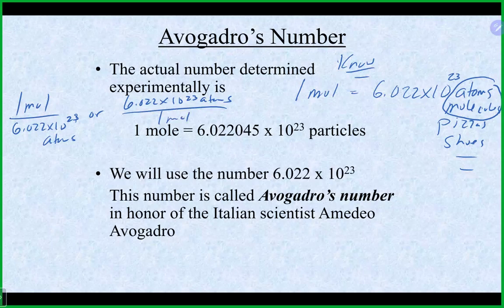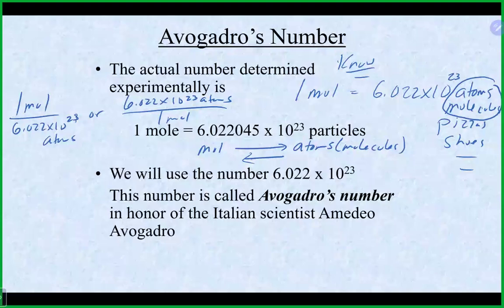And just like a normal conversion factor, you will not use both of them together. We use Avogadro's number to go from moles to atoms or molecules, and backwards. If you have moles and want atoms or molecules, Avogadro's number is your choice. If you have atoms or molecules and you want moles, Avogadro's number is also your choice.